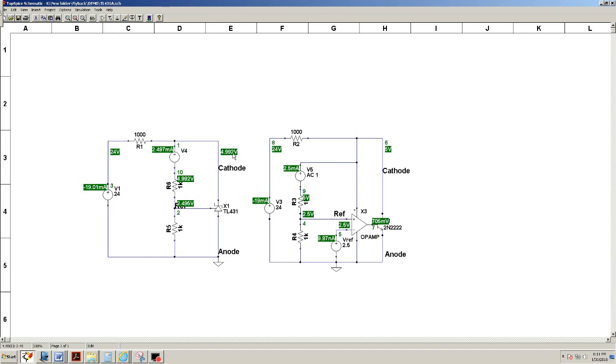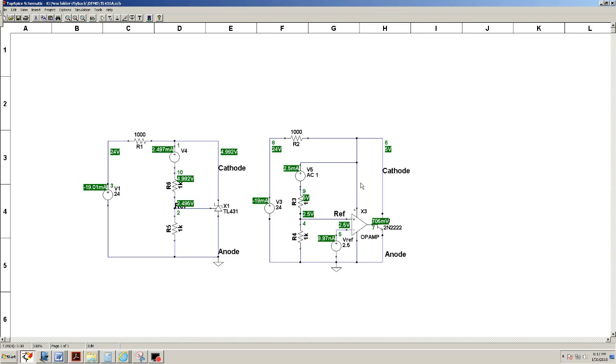It's about 8 millivolts lower than this. So this means that this has an 8 millivolts error, and that error is because the gain of the TL431 is not as high as the gain of this op-amp. Okay, so one way to measure is to break the loop, and the loop is right here. This is the feedback loop.